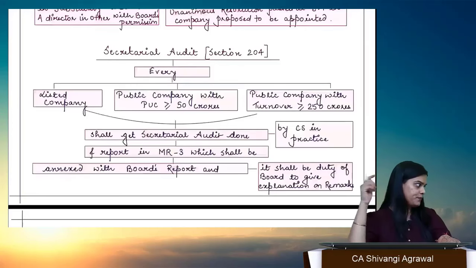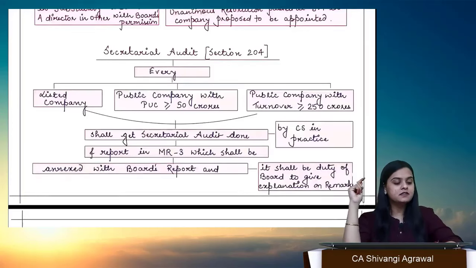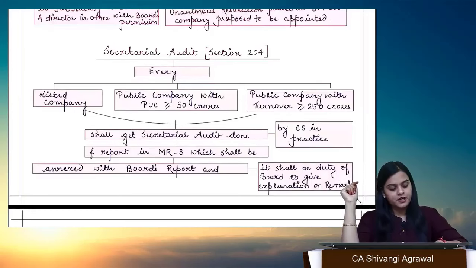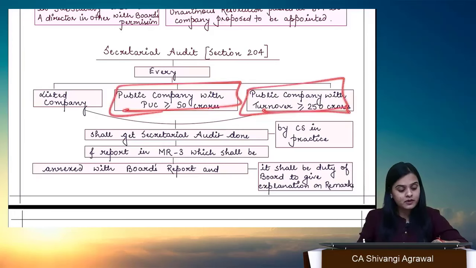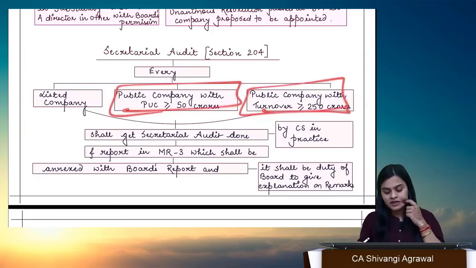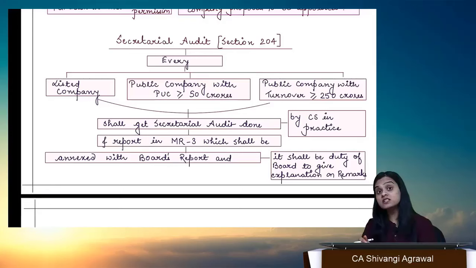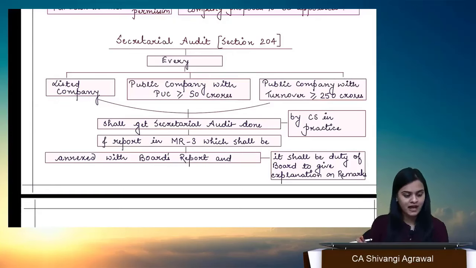And lastly, we have one more section, secretarial audit. It is again needed for certain big companies only. So we have listed companies, public companies with paid up capital more than or equal to 50 crores, public companies with turnover more than or equal to 250 crores, and it is also applicable to every company having outstanding loans or borrowings from banks or financial institutions of more than or equal to 100 crore.